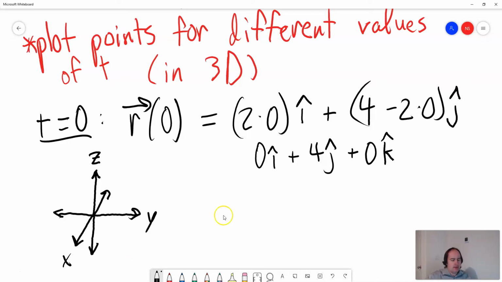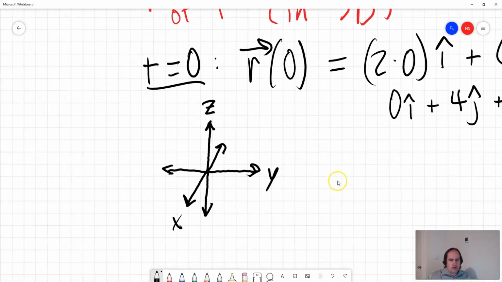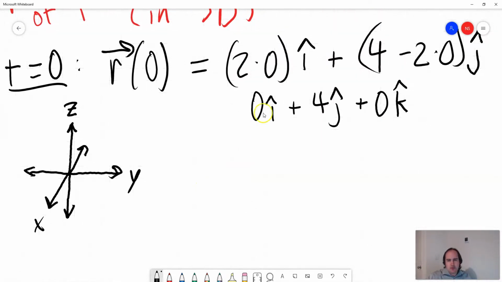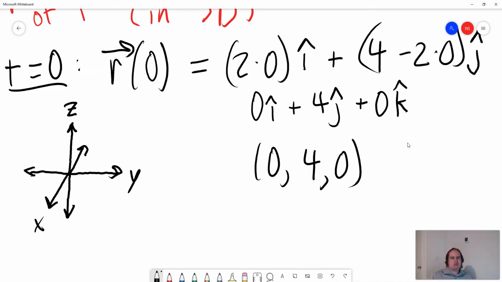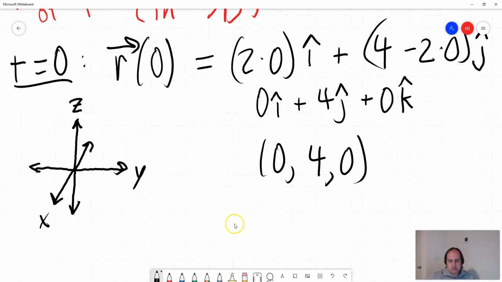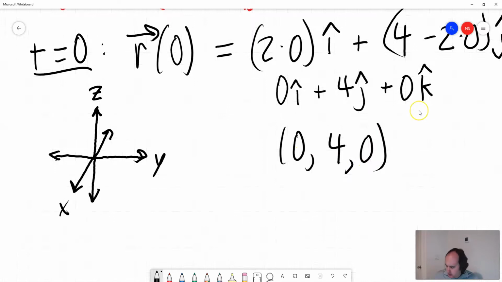I'm going to zoom in so we can get a better picture. We're going to plot the vector 0, 4, 0. So x is 0, y is 4, and z is 0. Remember, they're of the form x, y, z.